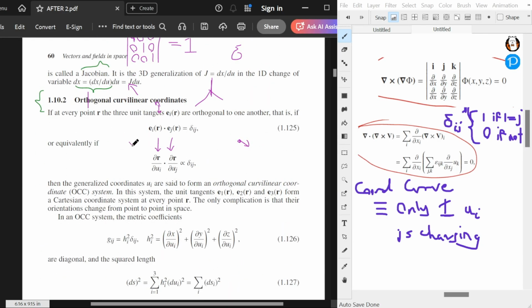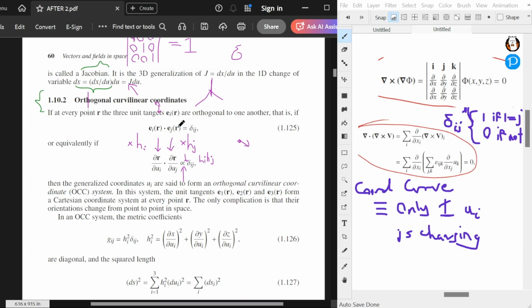Yeah. Multiplied by h_i multiplied by h_j. Or equivalently, if this is proportional to this, so there's like a constant there. Well, and the constant would be h_i h_j, right?